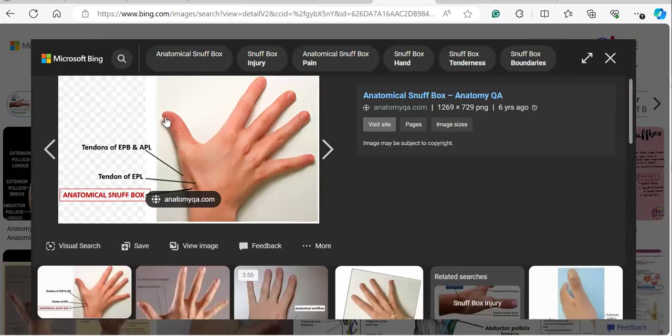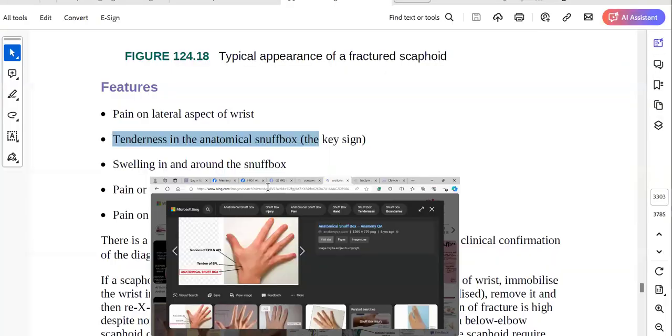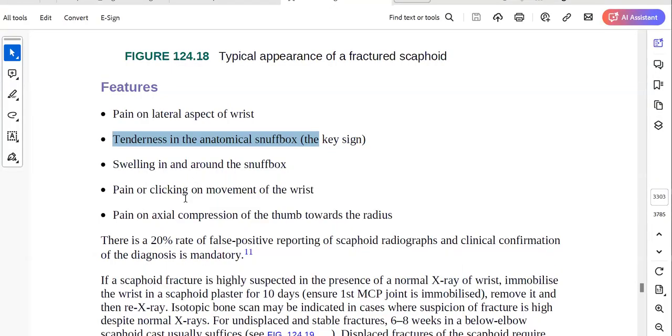So this is the thumb, and that's the base of the thumb, and that's where you get your scaphoid bone. If a patient has tenderness in this anatomical snuffbox, with wrist pain especially on the lateral aspect of the wrist, you would think of the possibility of a scaphoid bone fracture.